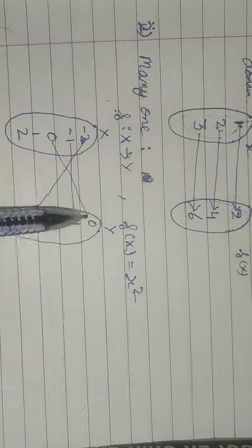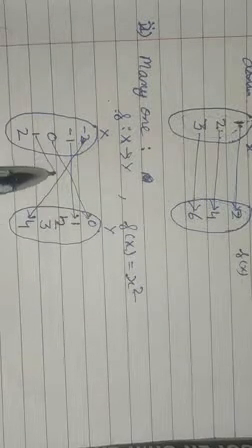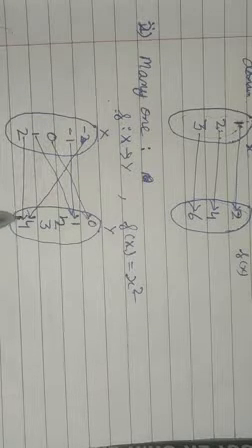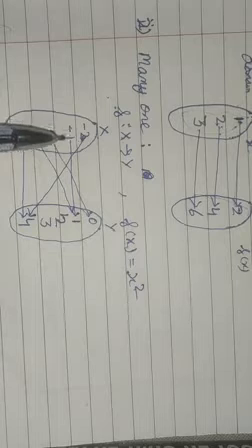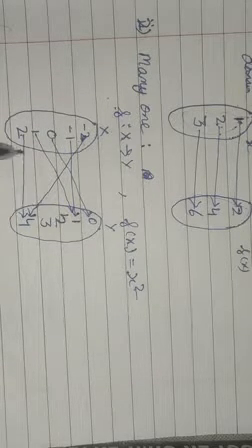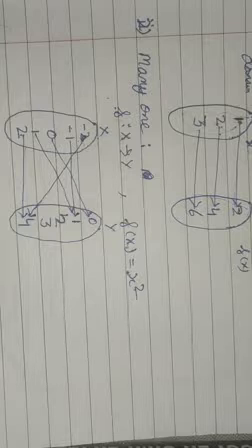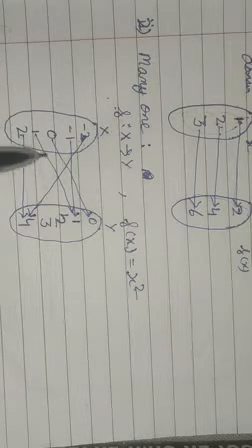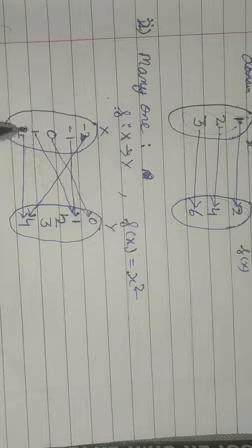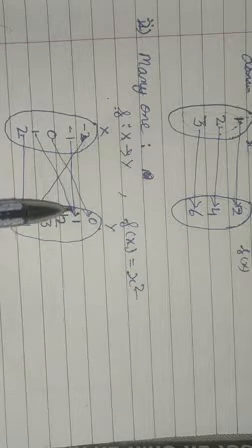Square of 0 will be 0. Square of 1 will be 1. And square of 2 will be 4. As we see here, minus 2 and 2 have the same image, that is 4. And minus 1 and 1 have the same image, that is 1. So what we are seeing, for many elements of the domain there is one image.